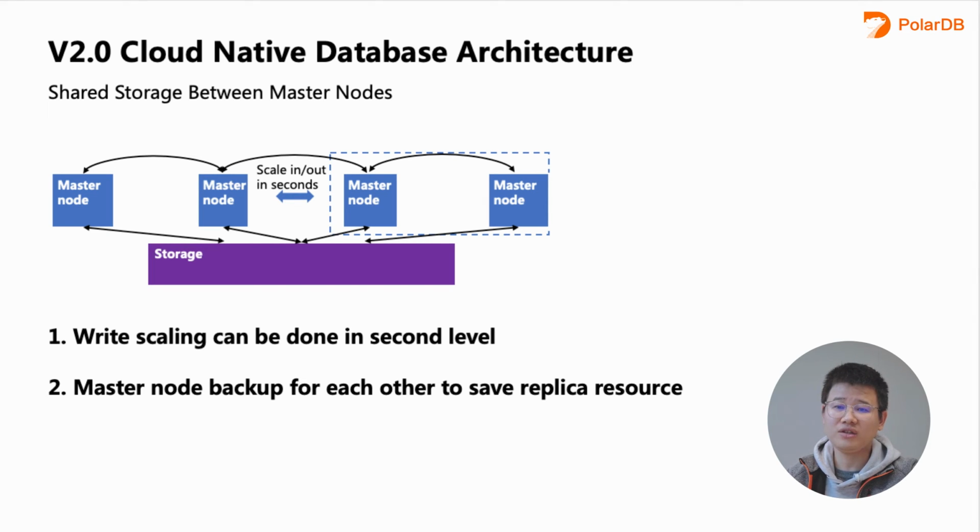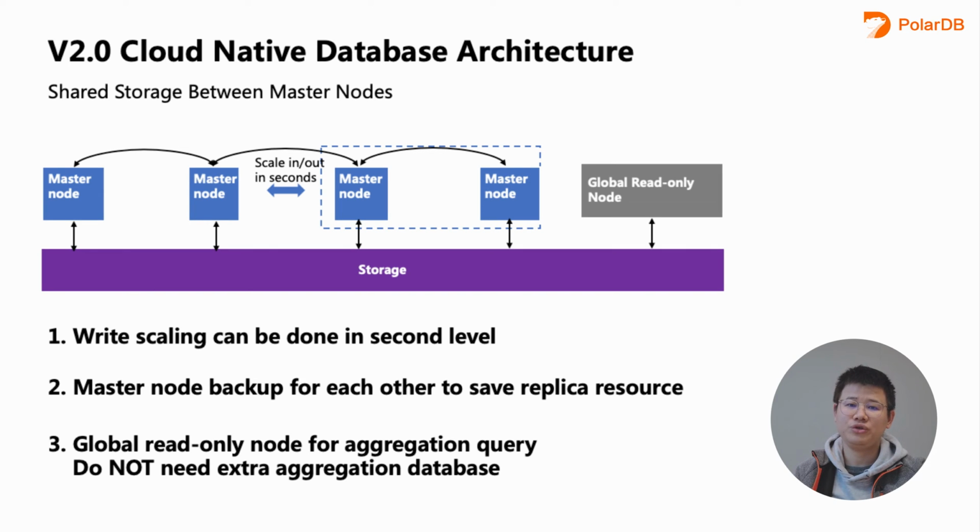But in multi-master architecture, the data sharing in the storage layer allows any master node to access all the data. So master nodes can back up each other, and it eliminates the replica nodes, saving storage and computing resources.